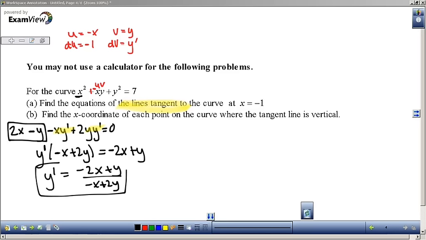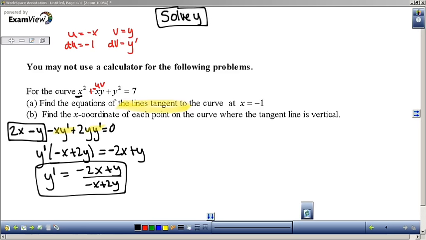So here's my derivative. The problem that I have is, in order to find the slope of the tangent line at x equals -1, I need both an x and a y, and I'm only given an x. So what I'm going to do is solve for y first.